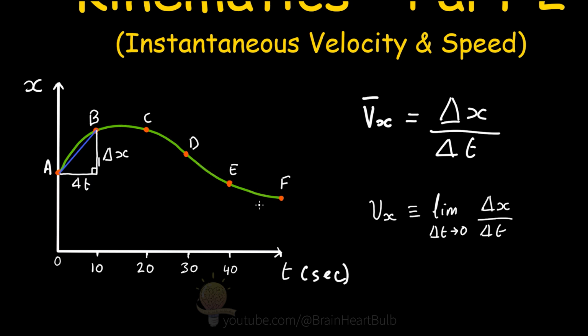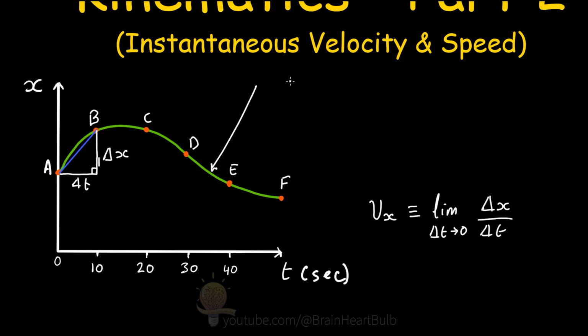So at the moment, this curve here is an estimate of where the particle will be between our clock ticks here. But this curve can be represented by an equation. And for those that have studied calculus, you'll know that you can work out the gradient of a curve by using differentiation.